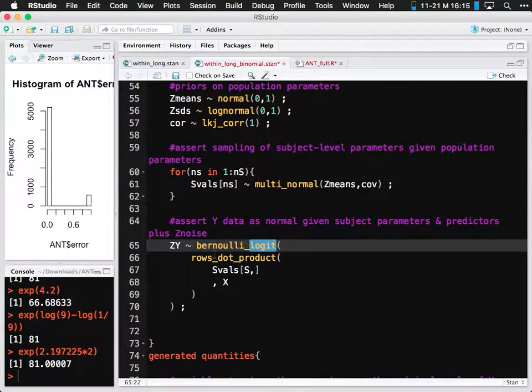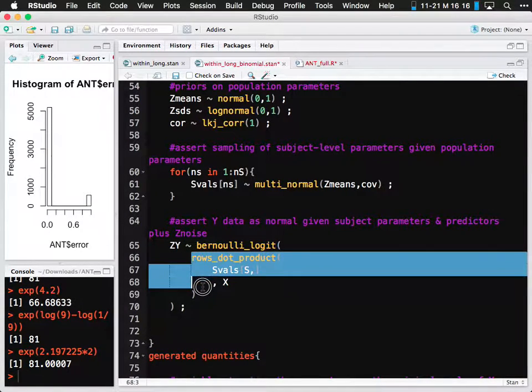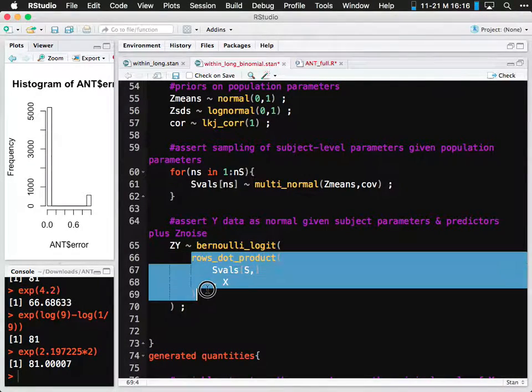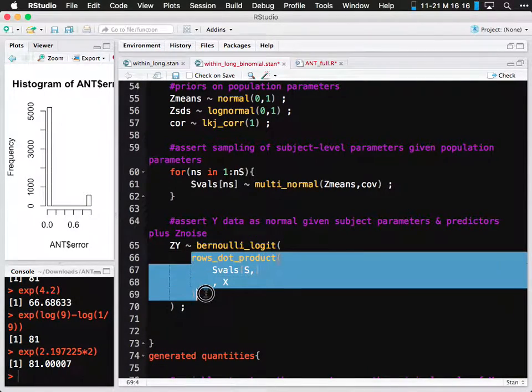The logit part means that the thing on the inside is expressing something on the scale of log odds. And the Bernoulli part is saying flip a coin with this log odds of success.